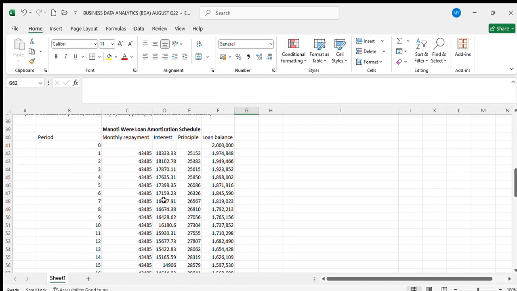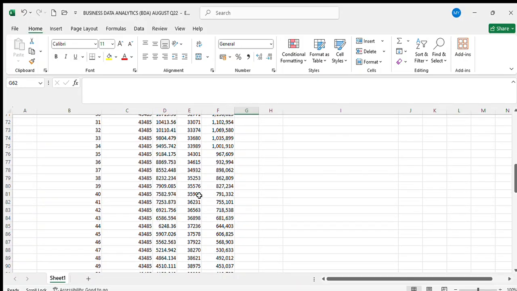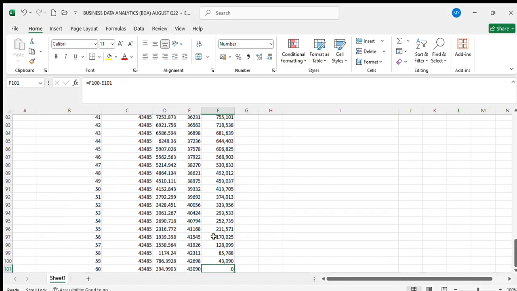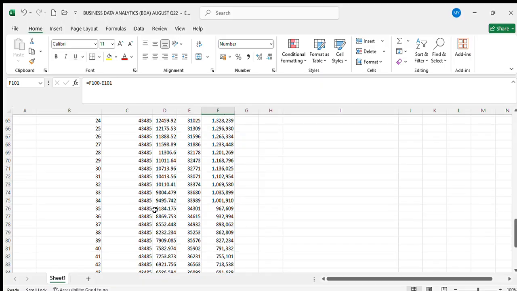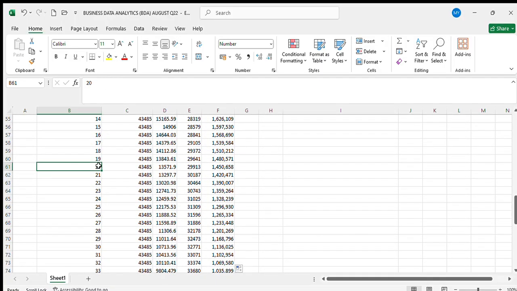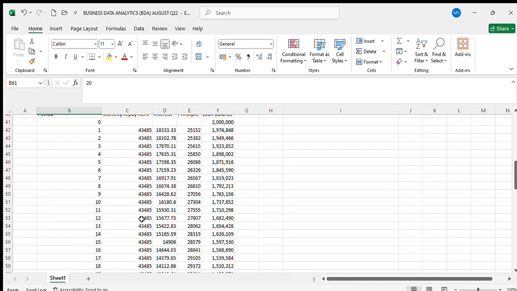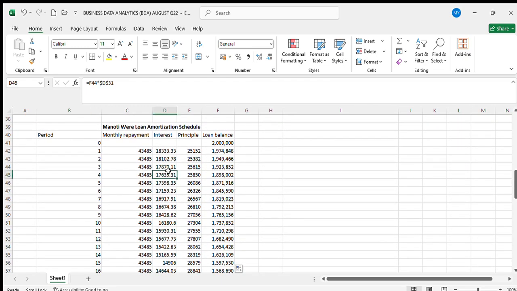You can see it has already shown you the breakdown, and we have arrived at 0 at the end of the 5 years. So you can see month 40, that is how it has arrived. Month 20, you can see month 7. So Manuti Were can have this breakdown, and then he knows that this month I need to pay this interest and this principal.